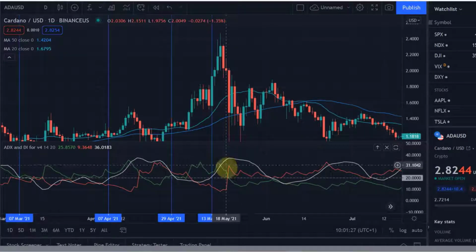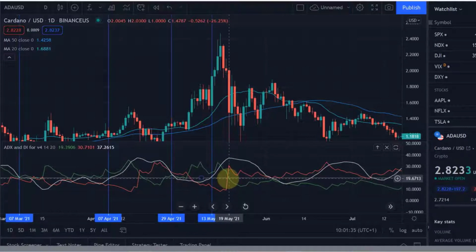And then we saw here, on the 18th of May, the red line crossing above the green line. This was pretty much a heads up that we were entering quite rapidly a downtrend.